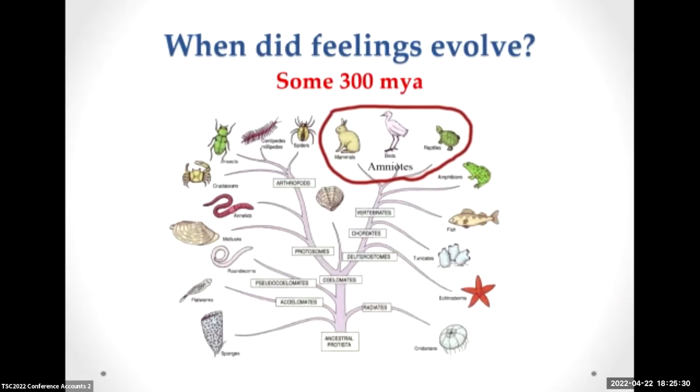So that kind of means that feelings started to evolve in the amniotes, when the reptiles and mammals split off a bit more than 300 million years ago. So I would restrict consciousness to these groups of animals.